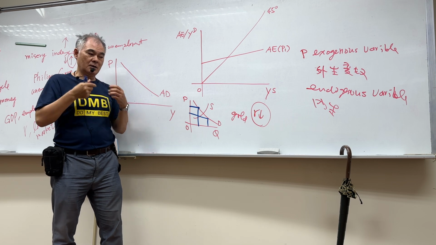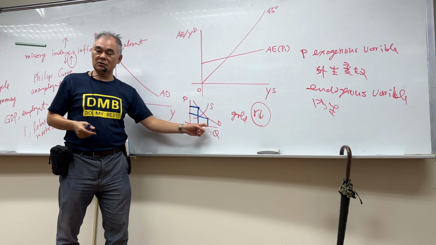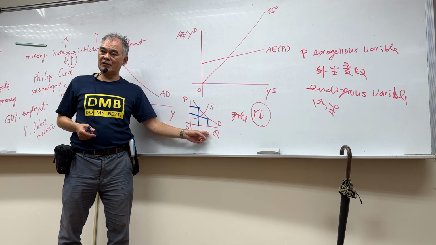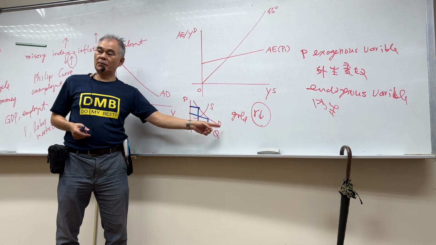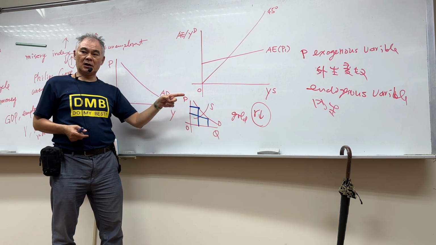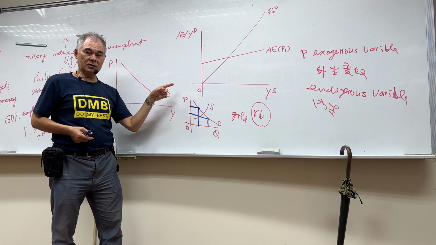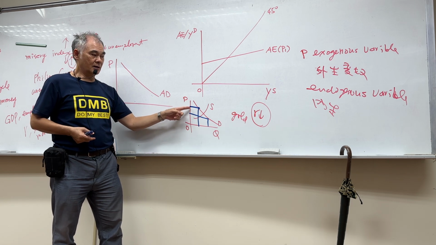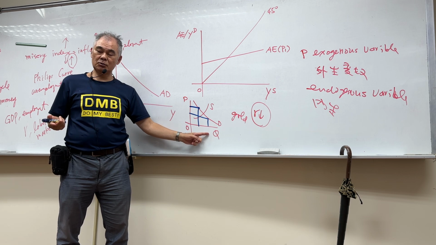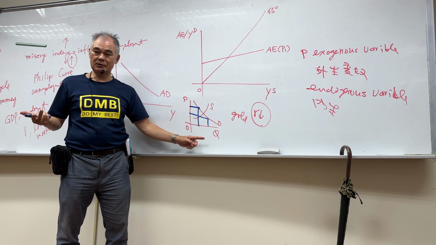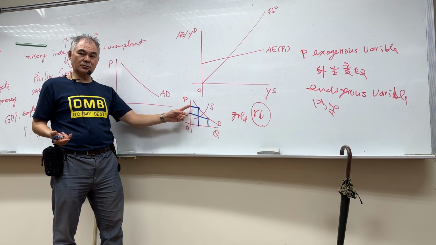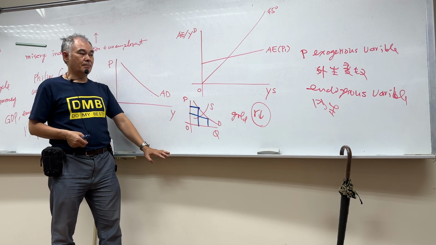This is the endogenous variable. Any change in the endogenous variable moves along the curve. So price goes down, quantity goes up because you want to buy more, because it is cheaper now. On the other hand, if it becomes more expensive, then you buy less.